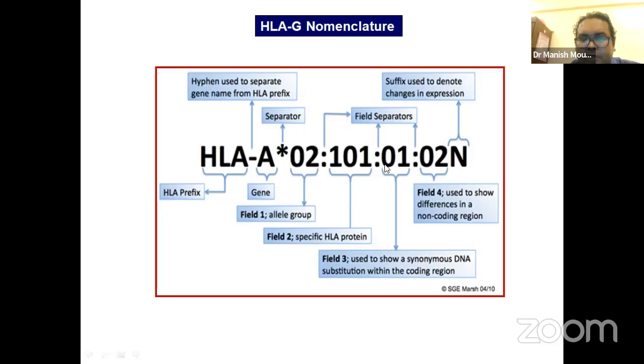Now the third field is a synonymous variation in the exonic region. Synonymous variation means a variation within the codon is not going to make any difference in making the protein. Only a configuration change is observed.